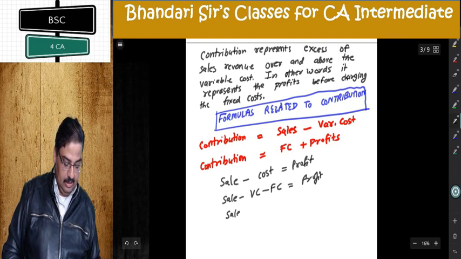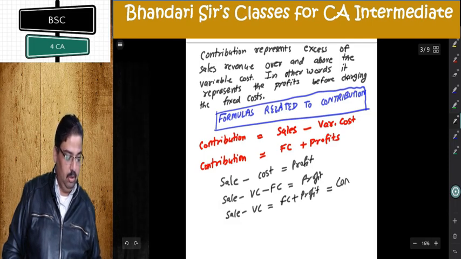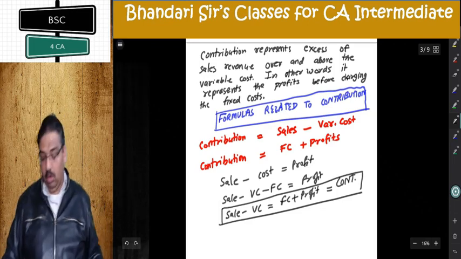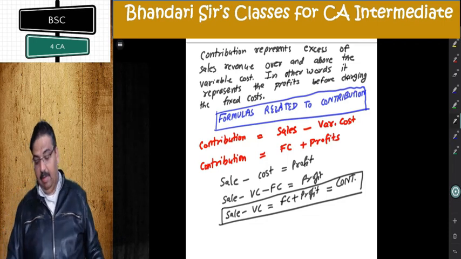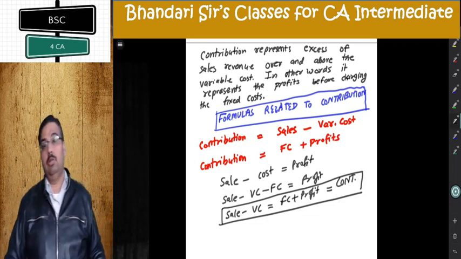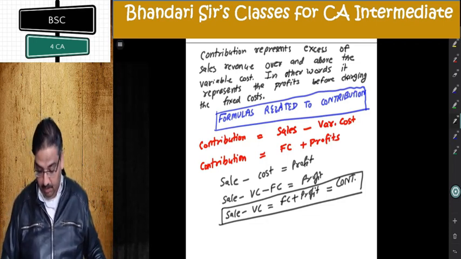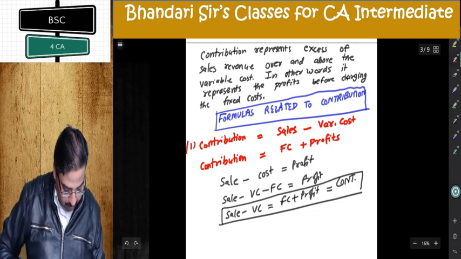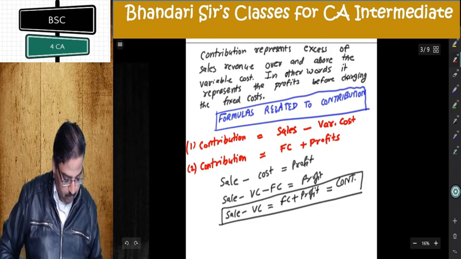I can say sale minus variable cost is equal to fixed cost plus profit. This is equal to contribution. That is what formulas 1 and 2 are all about. Sale minus variable cost, and also equal to fixed cost plus profit. This is formula number 1, formula number 2.